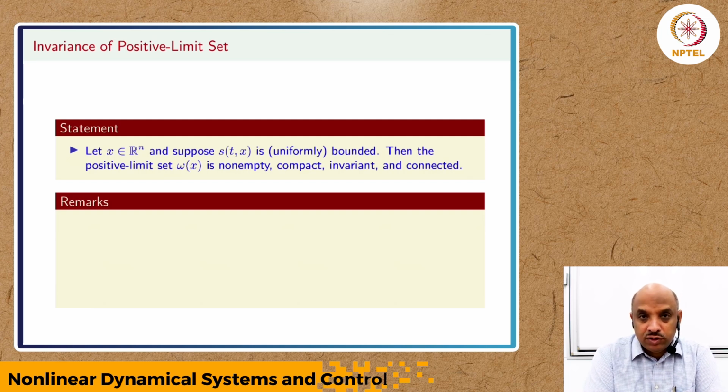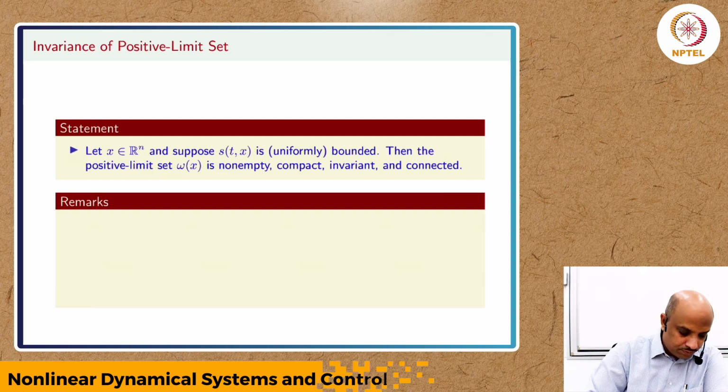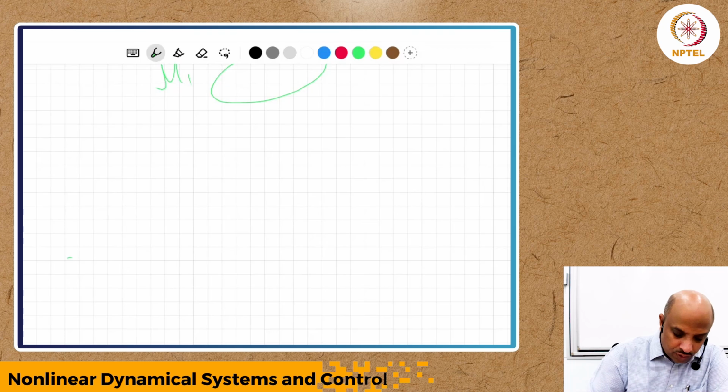Now, if you have a bounded orbit, that means you have a bunch of points that are bounded on this orbit. So you can find many infinite sequences in time that move forward, right? Therefore, there is no other possibility but that it will accumulate to some bounded point, right? Imagine, let's say, this is your orbit and it's bounded.